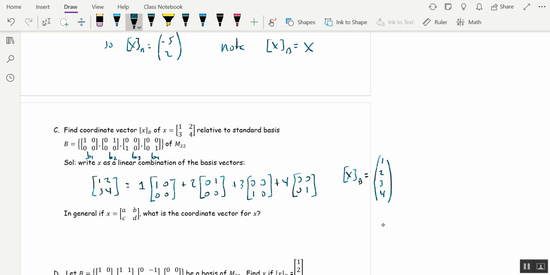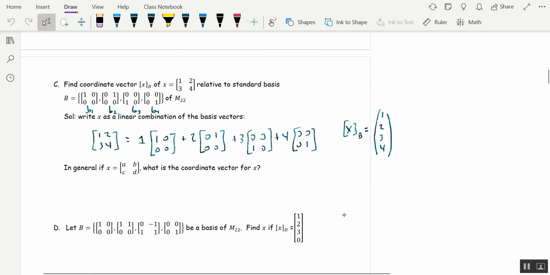So I get a vector in R4 because the standard basis of M2,2 has 4 vectors in it. All right, and I hope you can see the pattern there. In general, if x is [a b; c d], then x_B, just replace 1, 2, 3, 4 with a, b, c, d, would be (a, b, c, d).